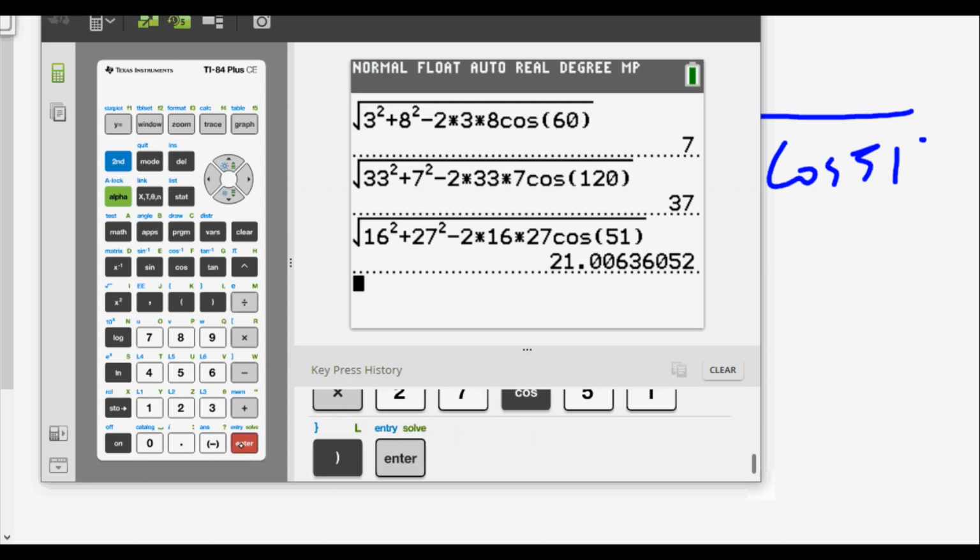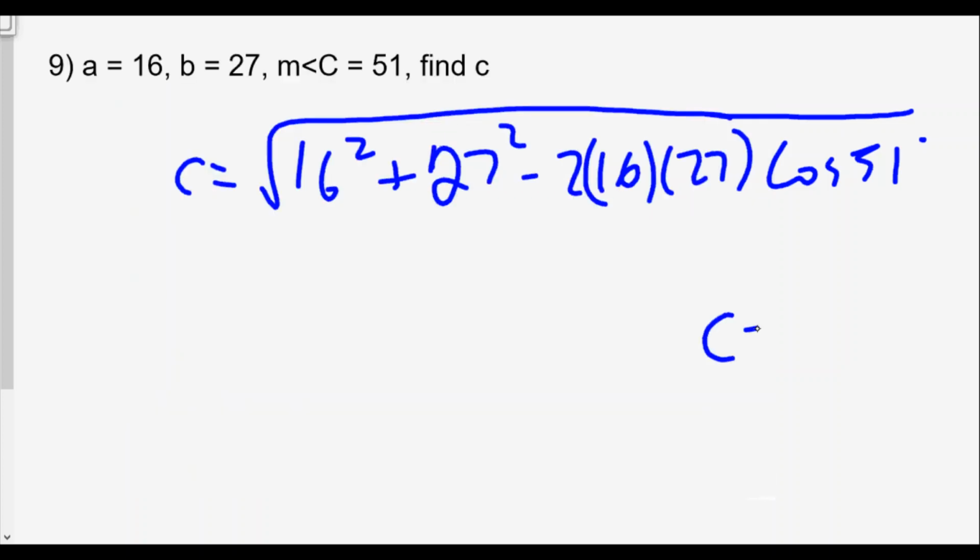Enter. Now we get 21.00636. So here, we'll let C equal 21, rounded off. So very close to 21.